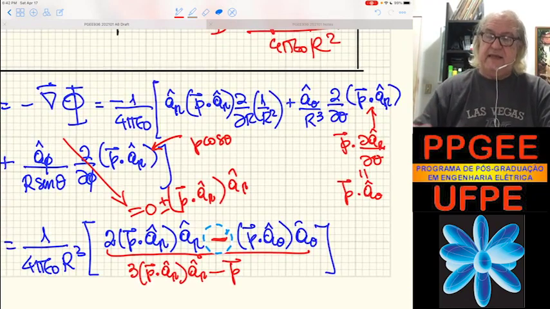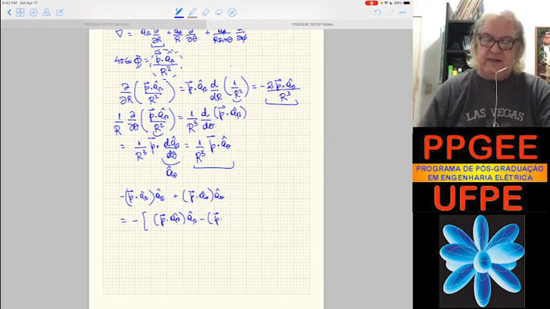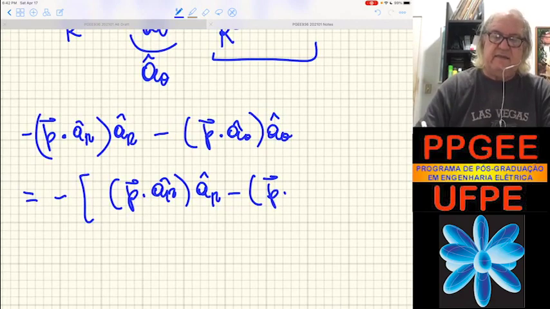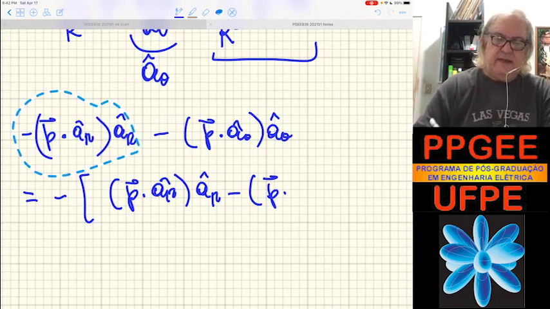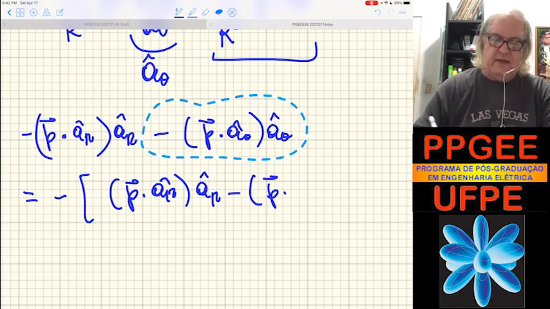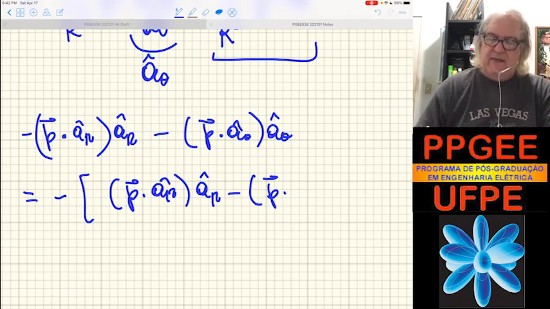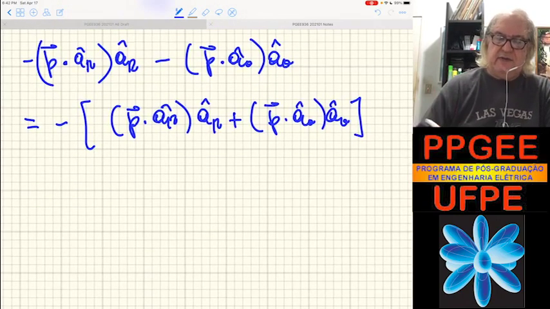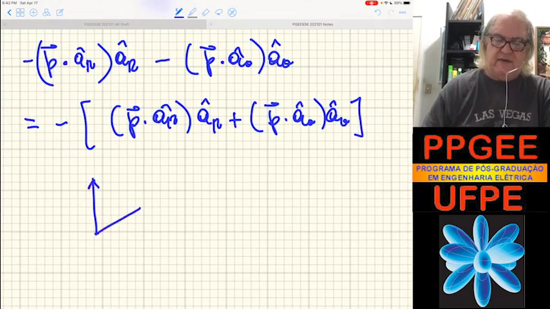So I was doing that calculation. In fact, what we had was this. I subtracted this term, and we have that one. Those two combine as plus P A theta, A theta, which is the most important part here. So that's the decomposition of P in terms of the spherical system.